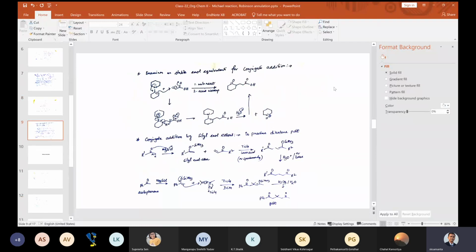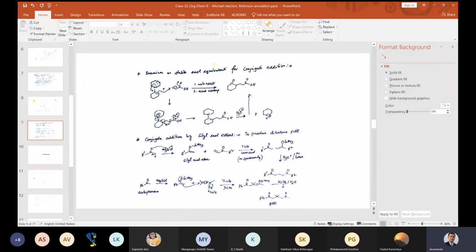Okay, we have already discussed enamines in the enamine chemistry that we discussed last time. We said that these enamines can be thought of as a stable enol equivalent, and that is why they could easily react with this Michael acceptor to give this kind of product, the Michael product.